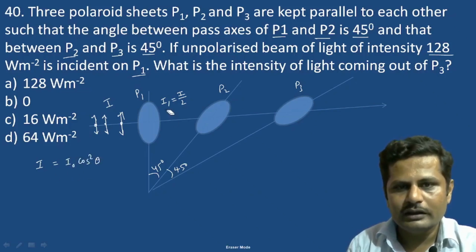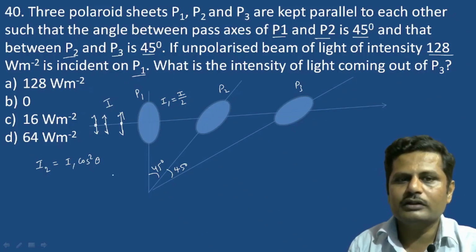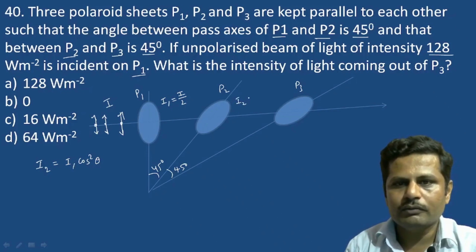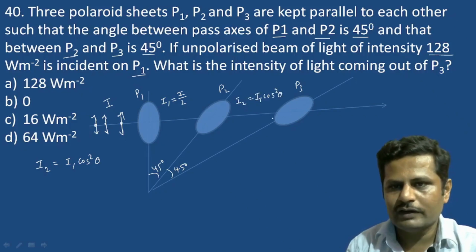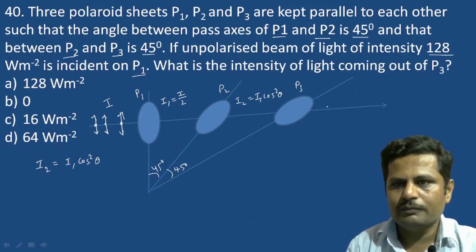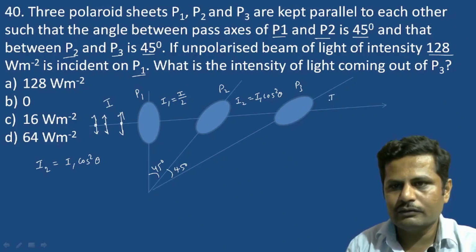Here the intensity is I1, and we are going to find out I2. I2 equals I1 cos square theta. This amount of intensity of light is passing through P3. So we will get I3 equals I2 cos square theta.